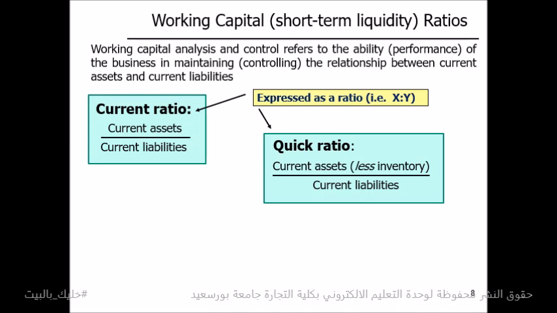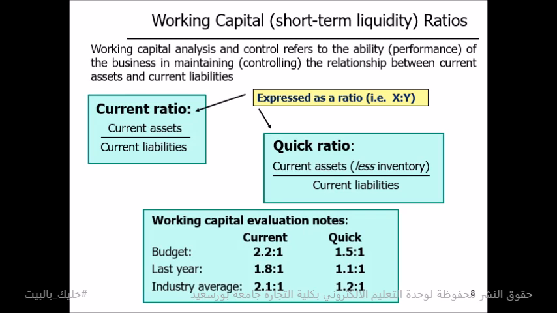Then we have return on capital employed, equal to net profit divided by closing capital plus long-term debt, multiplied by 100. Then the next two ratios are the current ratio and the quick ratio. The current ratio is equal to current assets divided by current liabilities. The quick ratio is equal to current assets less inventory divided by current liabilities.